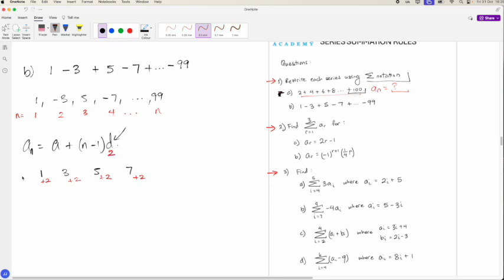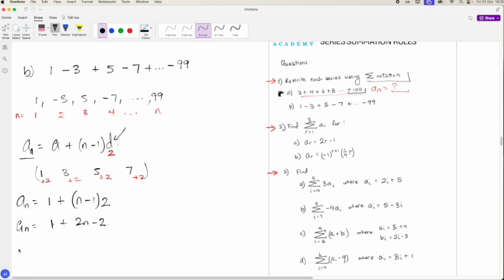So let me try to work out the sequence for this then. The sequence here, a_n, will be the first term 1 plus n minus 1 times d, which is 2. So you multiply that out. a_n is 1 plus 2n minus 2.